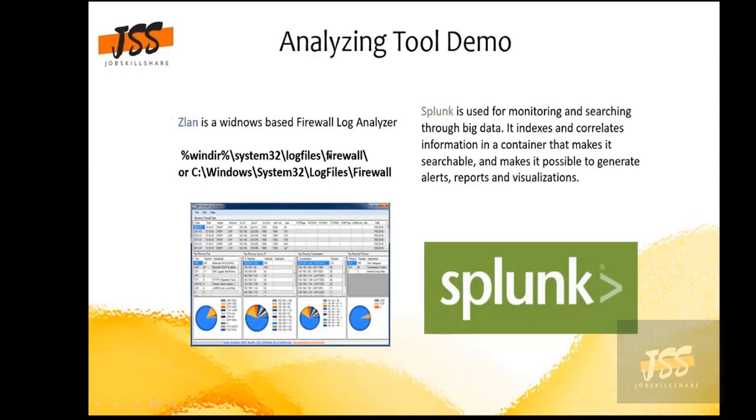So if you want to download that log file for your Windows firewall, this is the path. You can go to C:\Windows\System32\LogFiles and then Firewall.